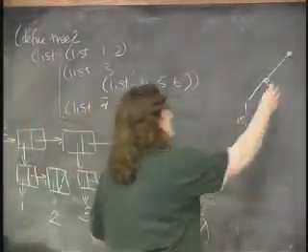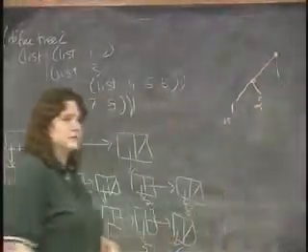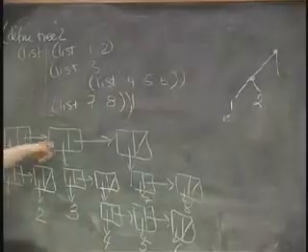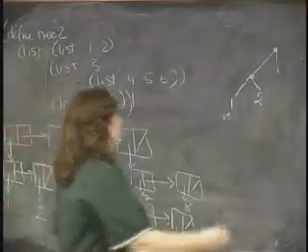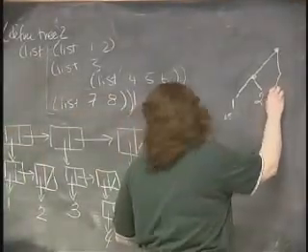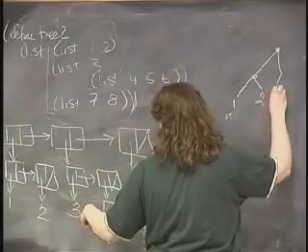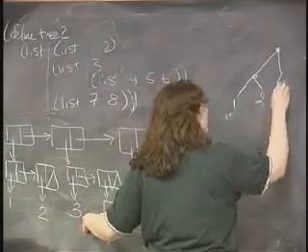Then we have, this is not a binary tree, it's just a tree. The second one is a list of, the first branch is a list of, there's just 3 rather.